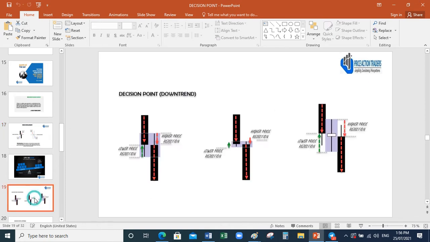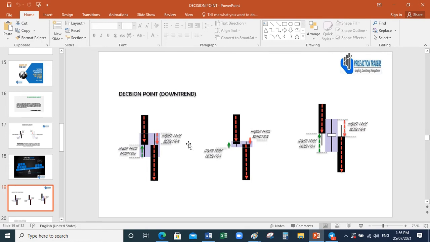Now this is the pattern for a downtrend. It could be this, it could be any of these patterns. You could have more than one doji or pin bar in between. It doesn't have to be a single doji in between.